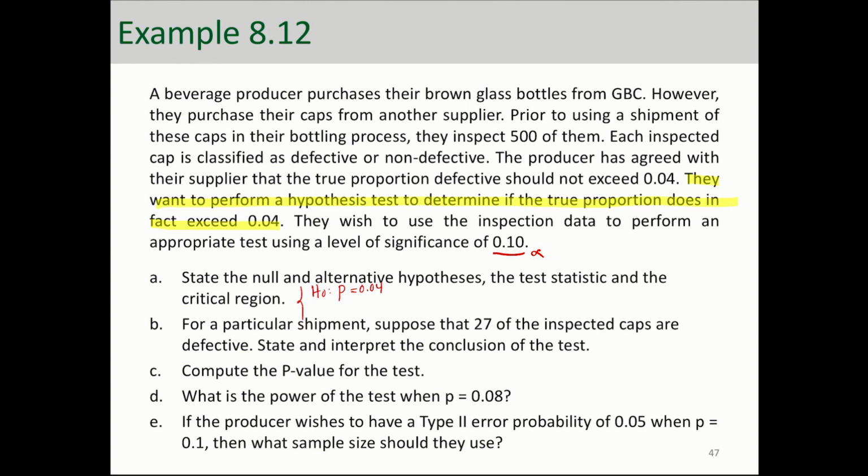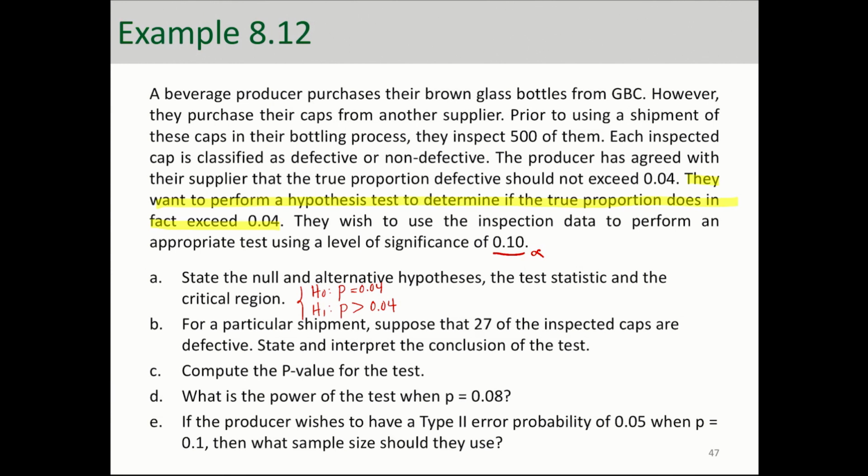Try to distinguish proportion and mean. The alternative is that population proportion is going to be more than 0.04. That's what they want to test. So if the alternative hypothesis basically wins and we reject the null hypothesis, that means they would reject the entire shipment from the supplier because the test says that it is more than 4%.